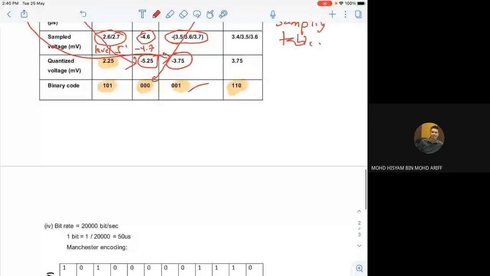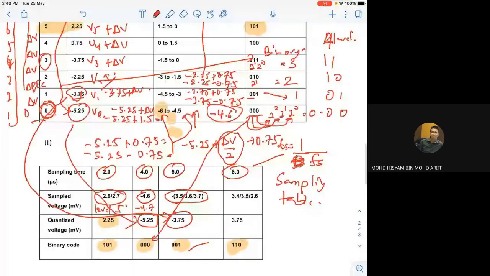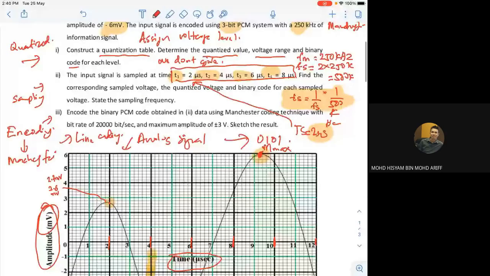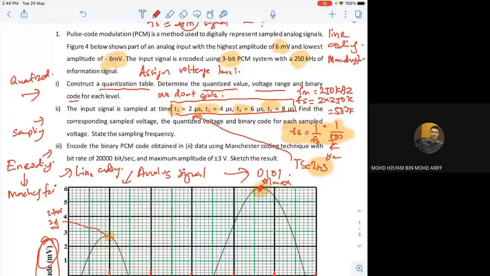Okay, now after you finish this, remember, we encode the binary PCM code. This is what I told you last class: after you get the signal, you follow, for example, Manchester encoding, the Manchester coding technique we use in local area networks.